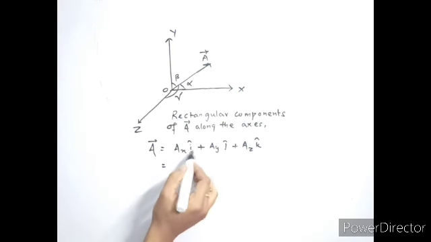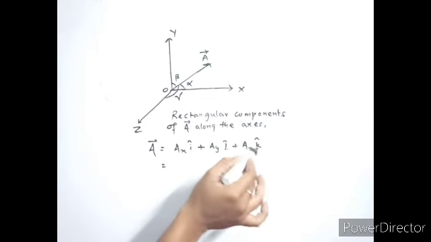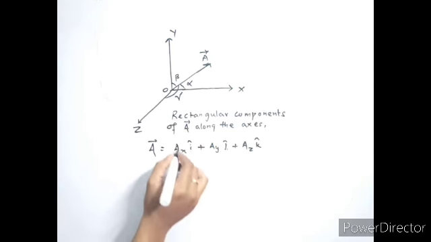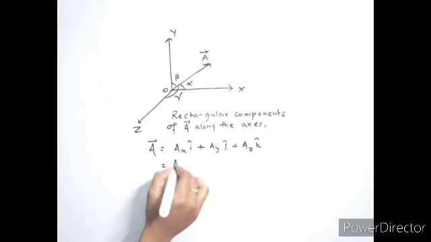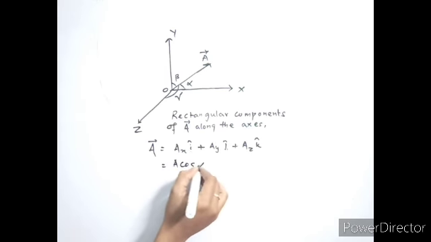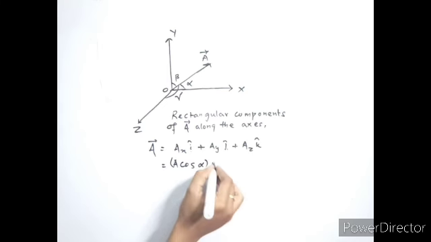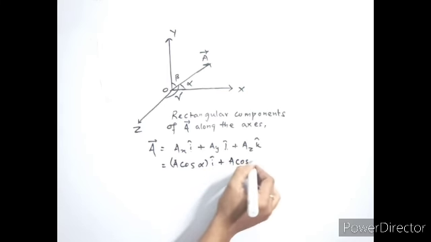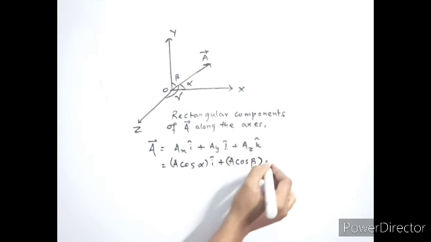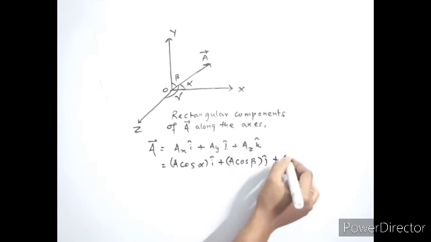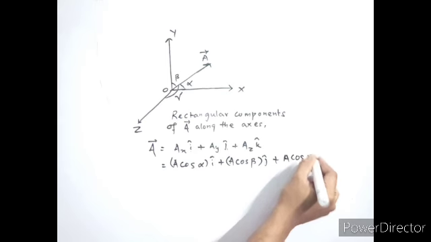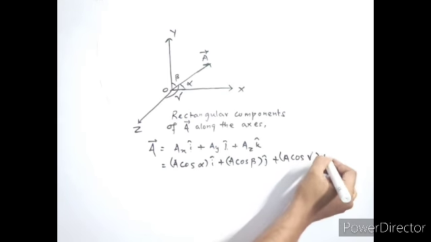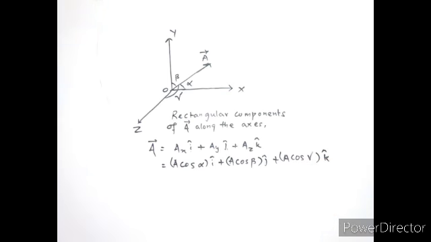So ax, ay, az will have the values: ax is equal to a cos alpha, because that is the angle it makes with the x-axis, ay is a cos beta, where beta is the angle it makes with the y-axis, and finally az is a cos gamma, where gamma is the angle with respect to the z-axis.